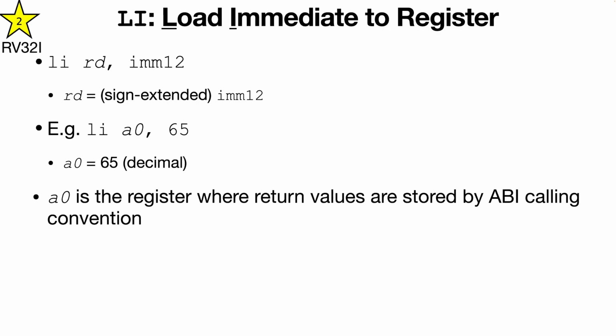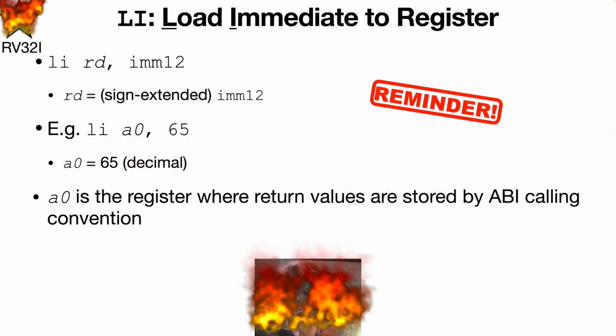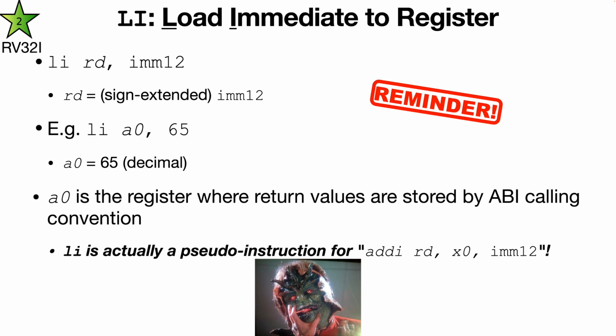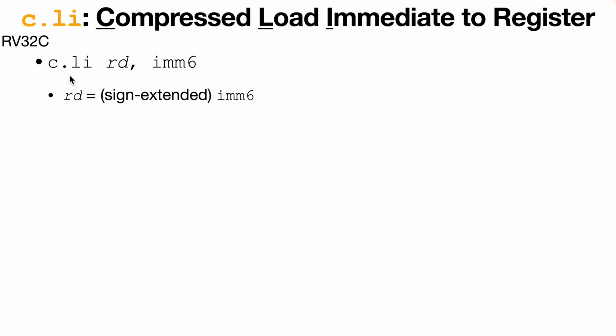And so here was our reminder about the load immediate instruction from before. The key thing you need to remember is that li is an addi. But li took a 12-bit immediate and stored it into a destination register. In contrast, the compressed li takes a 6-bit immediate. It's still sign extended, but it is then stored into the register.